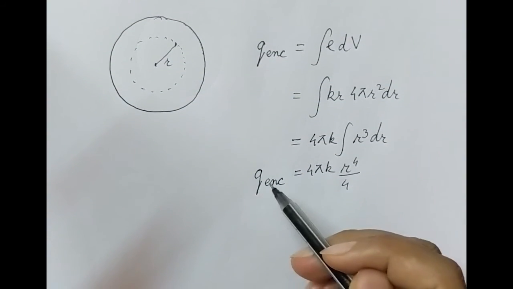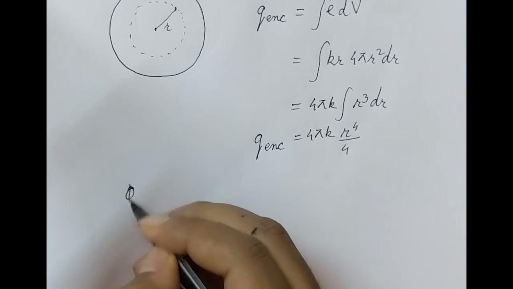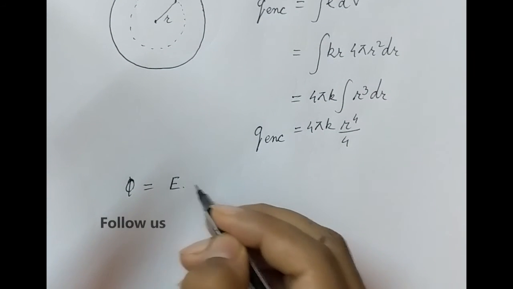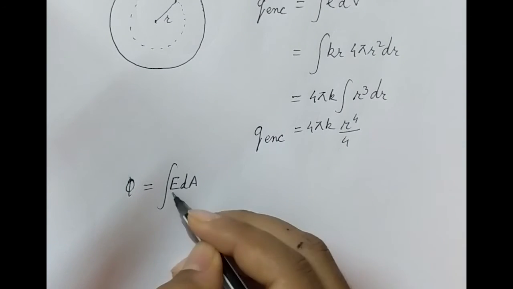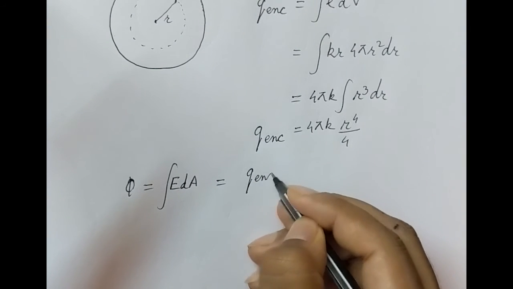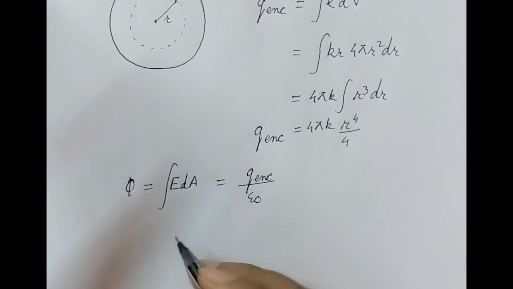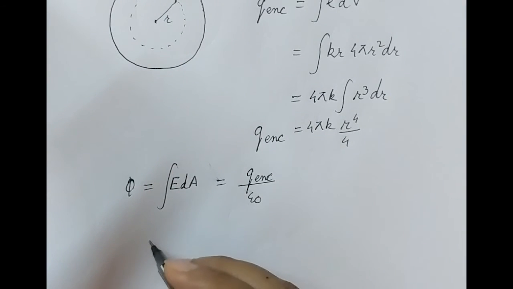Now with the enclosed charge I can proceed to Gauss law. We know that the net flux, which is given by electric field into area, or in terms of differentiable elements E into dA, is equal to the enclosed charge divided by epsilon naught. The E is a constant overall in the Gaussian sphere, so I can take it out.